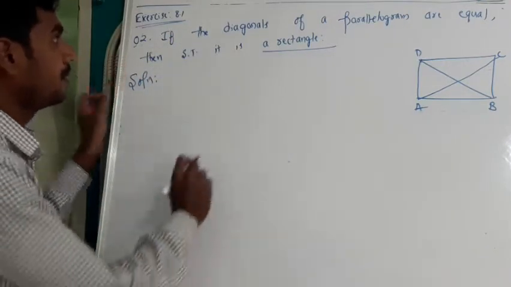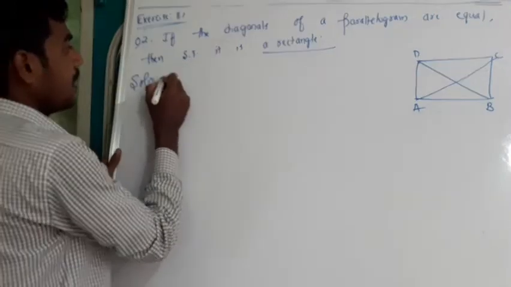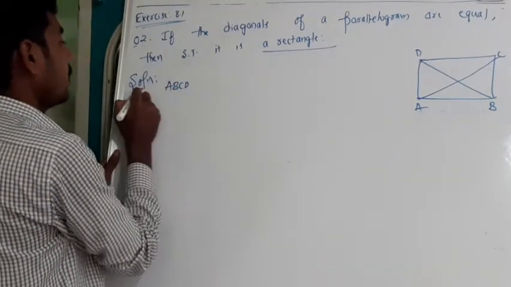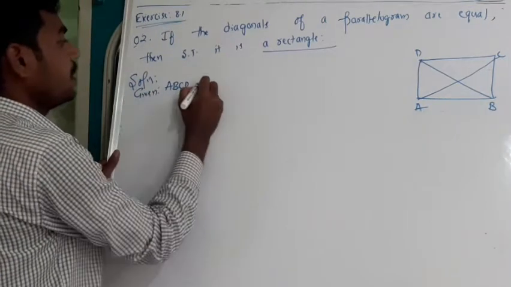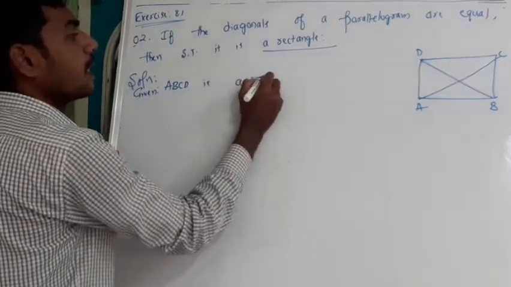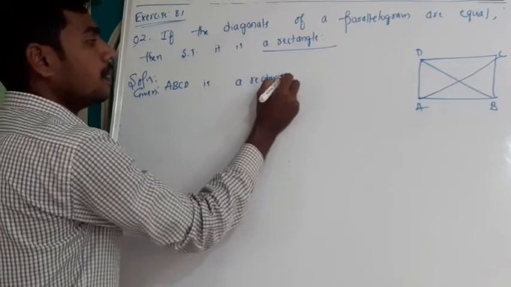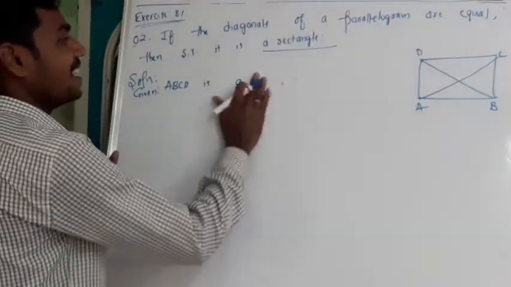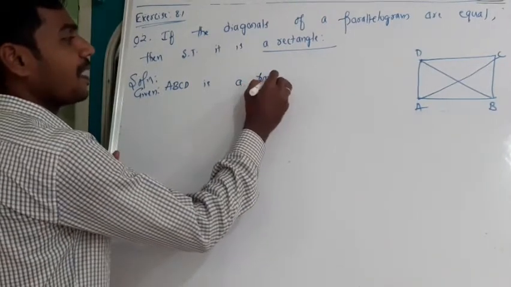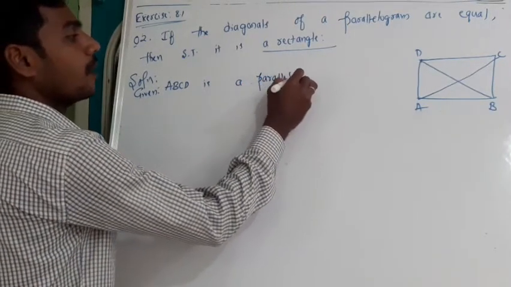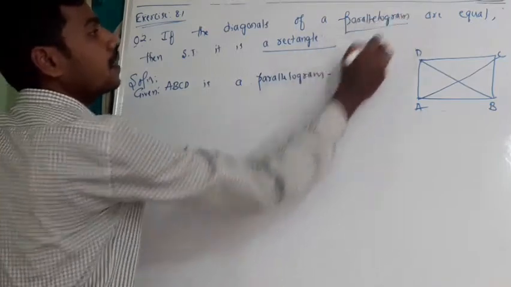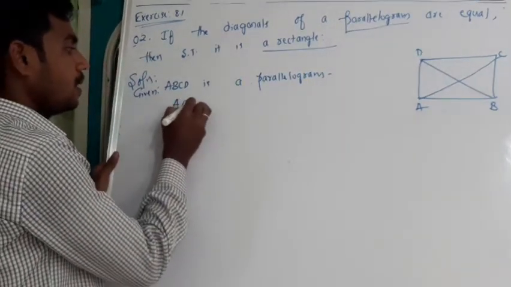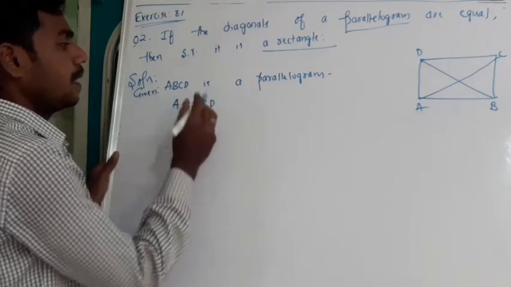So what is given to us? ABCD is a parallelogram. It is given to us, and what they have given is AC is equal to BD.